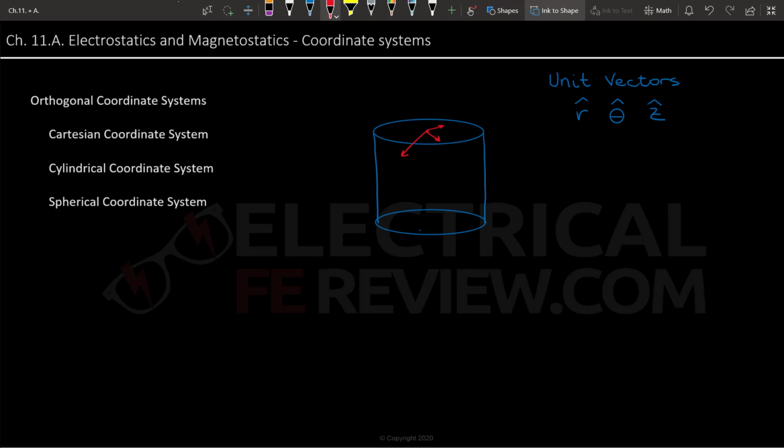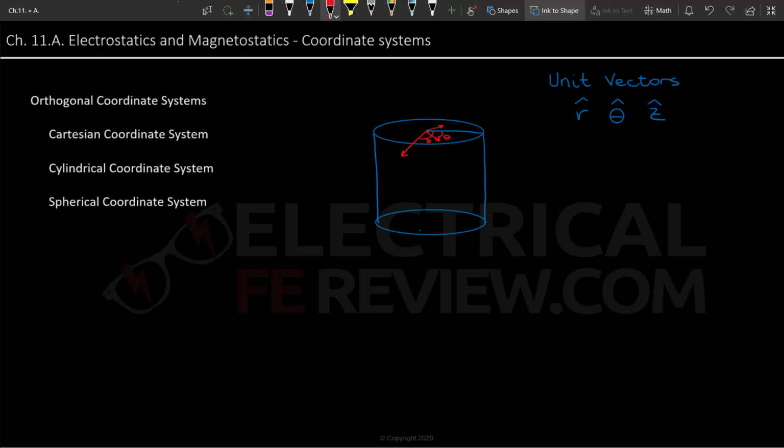Theta is going to have a reference point, which is going to be, say, this line right here, which we will consider as the origin. And theta will represent the angle between the radius that we were talking about and the origin. So as you can see, that theta is going to be less than this theta. And that way we're able to see where on the 2D circle we are going to find our point.